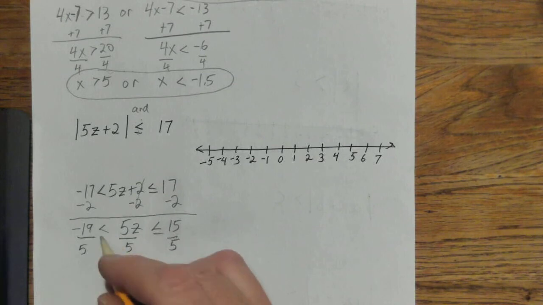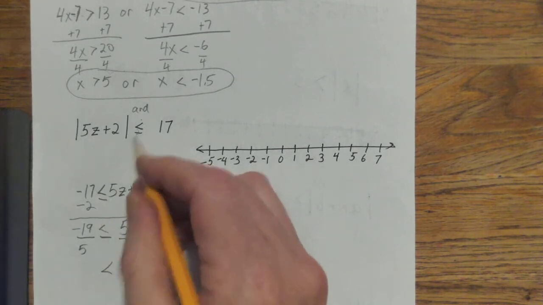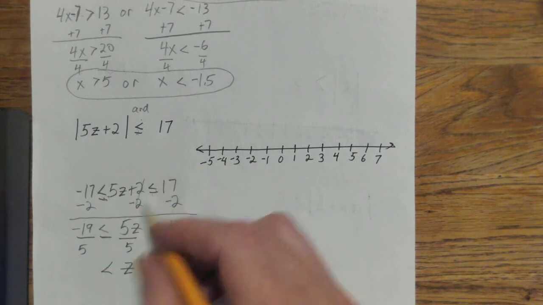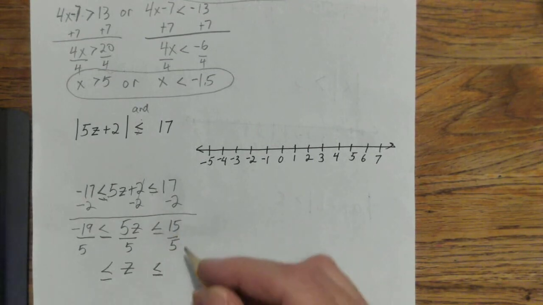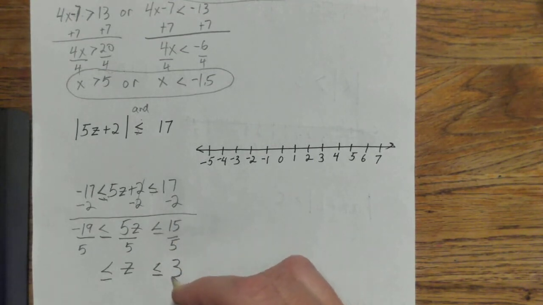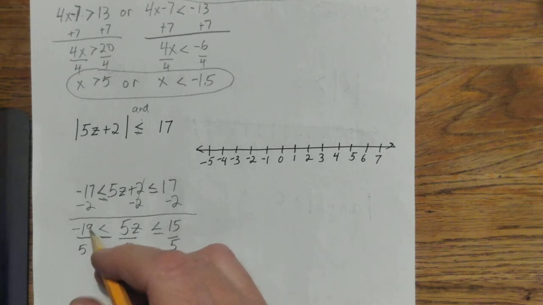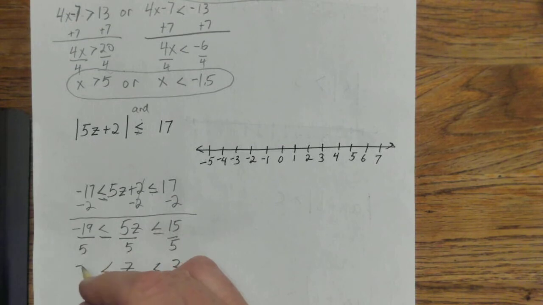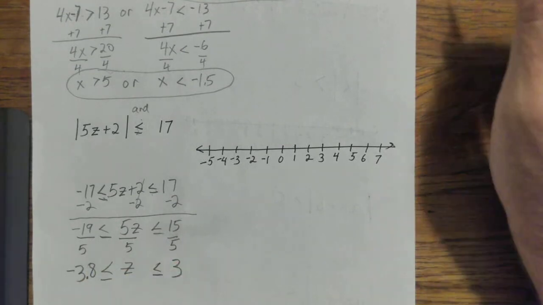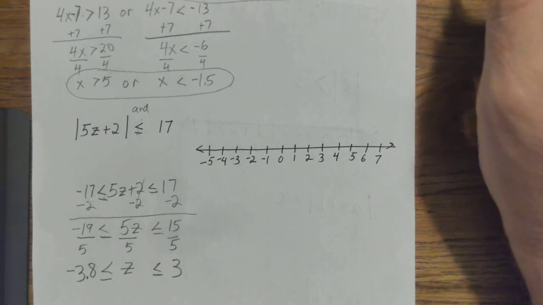So I'll divide by 5 in the middle, on the right, and on the left. This is z, or equal to. If you didn't get that, that's my fault. Don't forget to put that or equal to part there. And 15 divided by 5 is 3. 19 divided by 5. 5 times 4 is 20. So it's, I think, negative 3.8. Okay.